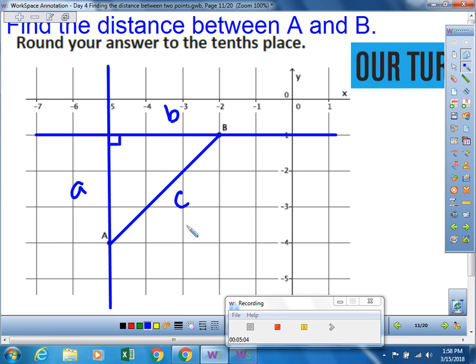Now, why did I have you draw these lines that extend even further from the triangle? Does anybody? Why did I have you draw the lines? So the question again is, why did I have you draw the lines beyond the triangle itself?